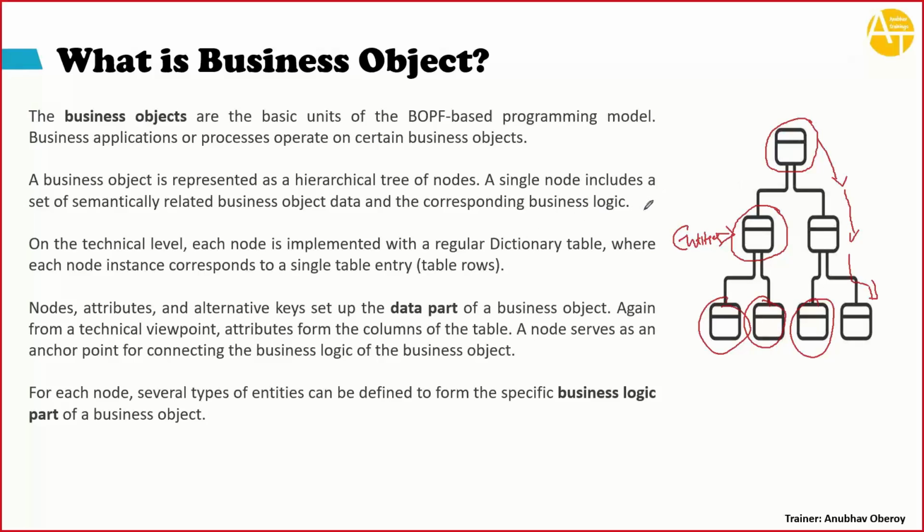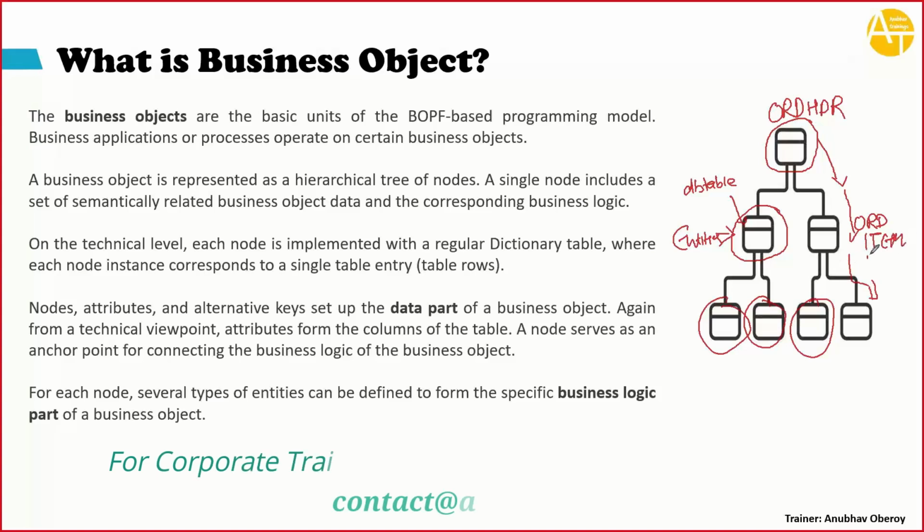On a technical level, each node is implemented with a regular dictionary table. So technically, each node here is a database table. Taking an example, let's say this is my order header table. The order header table then has a child table called order item.